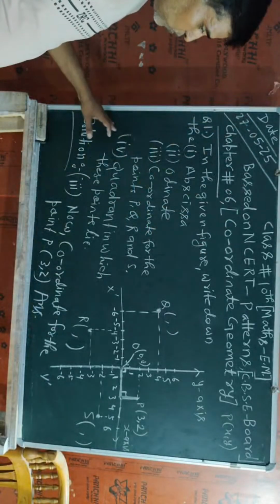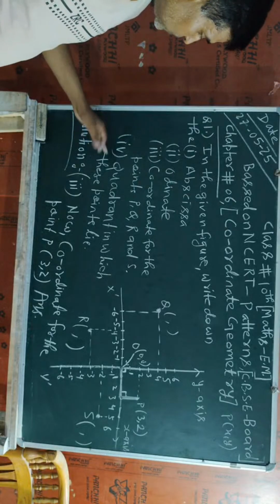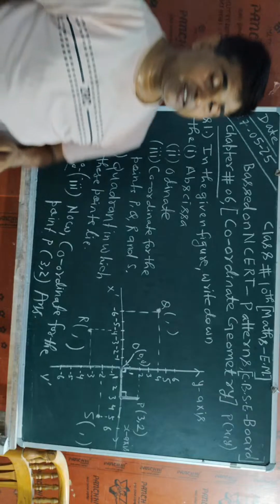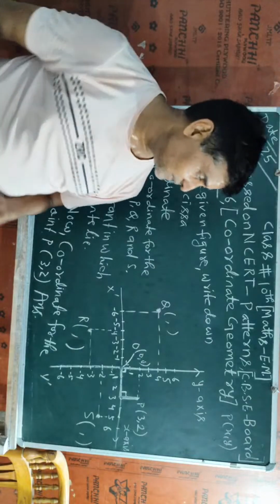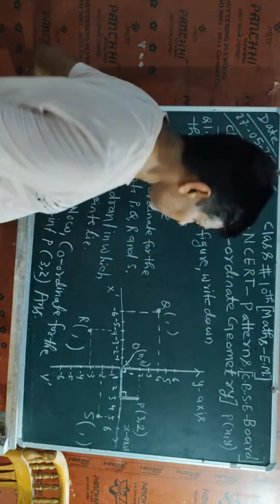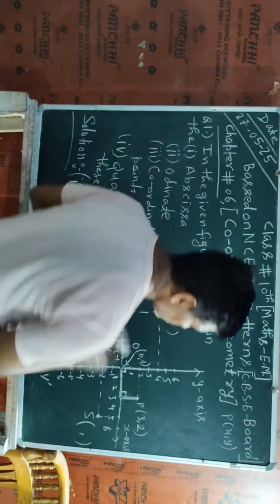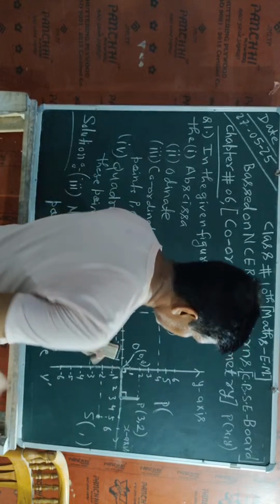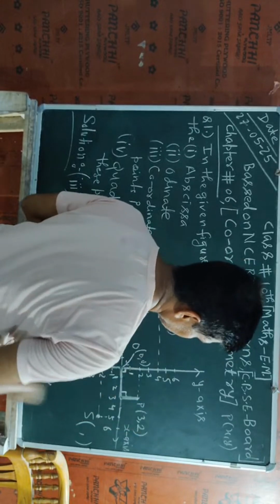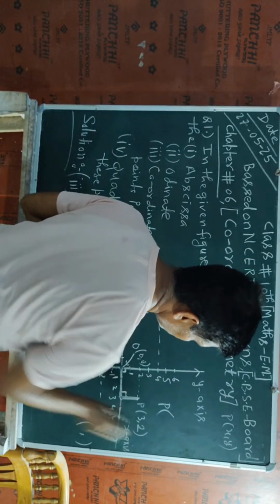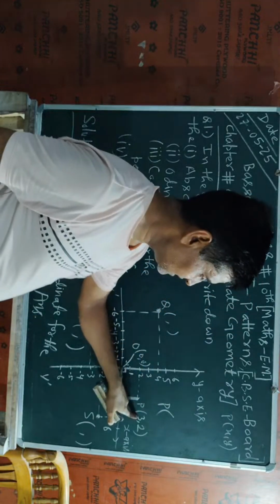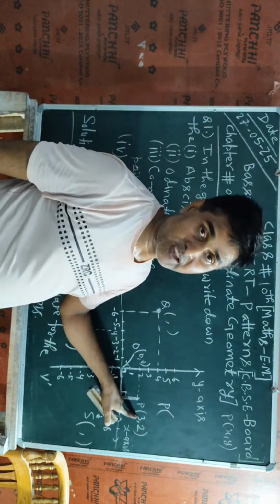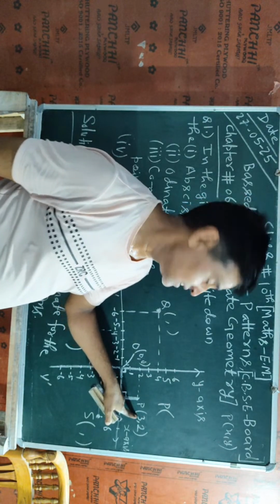Now next I also have to explain in which quadrant these points lie. It means that I will say here what the quadrant will be. So I will write here P. Now this 3 has a plus sign, because here the sign is not available, so I will consider it the plus sign.